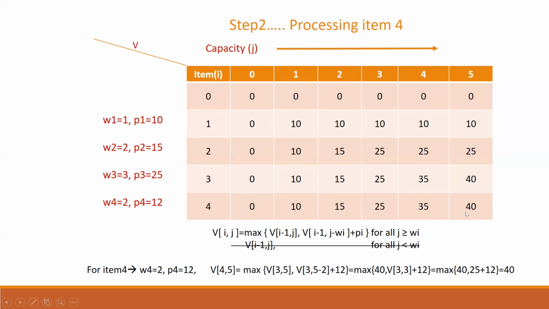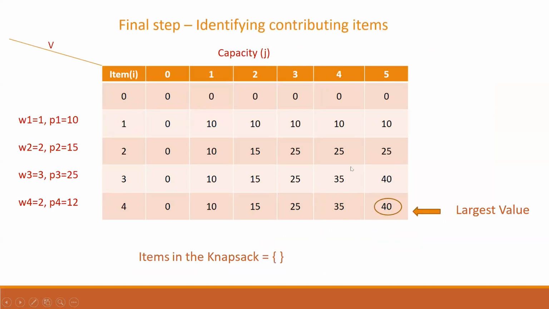But we could not identify which items are chosen that contribute the profit 40. So in order to find that, we have to check this table. In this table, what is the maximum profit obtained, the largest value? Identify that.